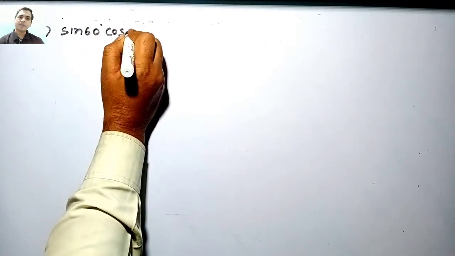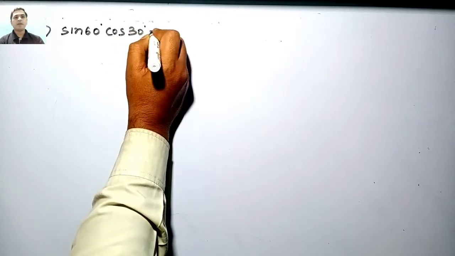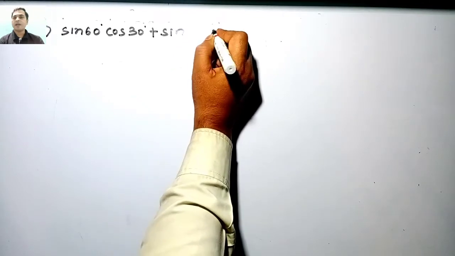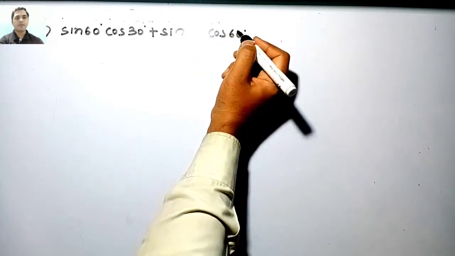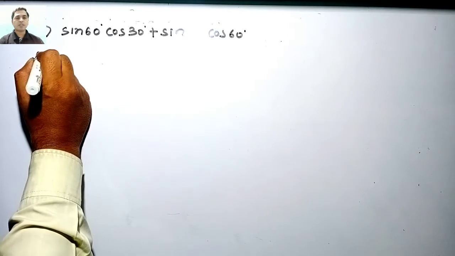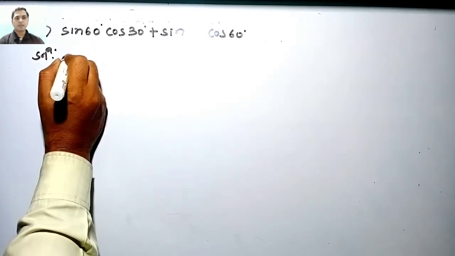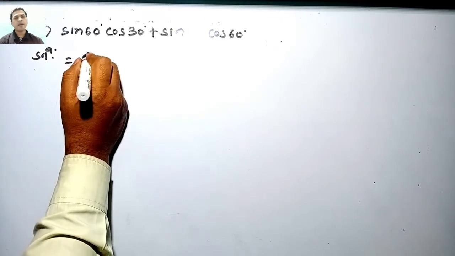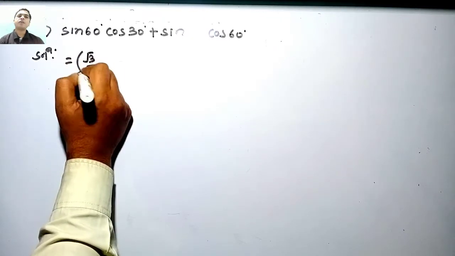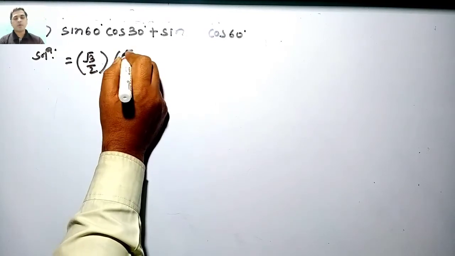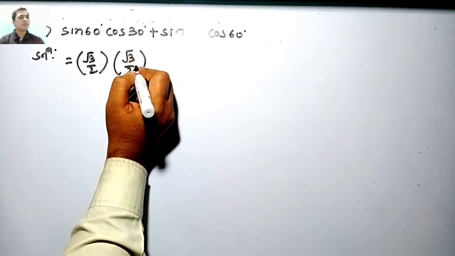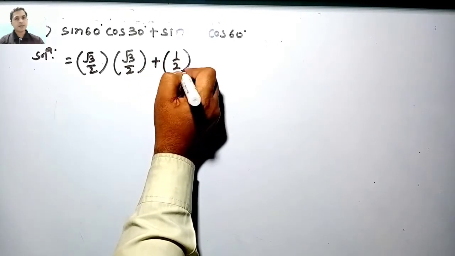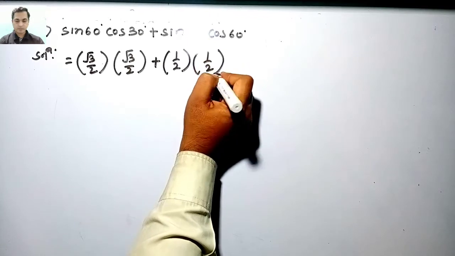Students, here is the question: sin 60 into cos 30 plus sin 30 cos 60, right? As we know the values of trigonometric ratios, the value of sin 60 is root 3 by 2, and the value of cos 30 is root 3 by 2, the value of sin 30 is 1 by 2, and the value of cos 60 is 1 by 2.